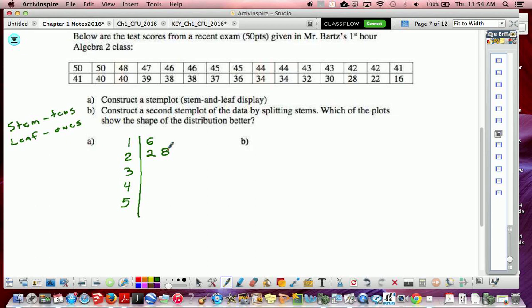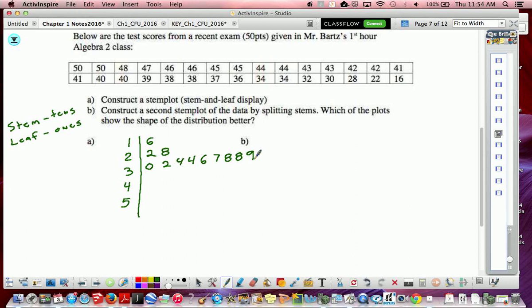I now do the 30s. So I have a 0, a 2, a 4, a 4, so I repeat the 4s, a 6, a 7, 2 8s, and a 9. So yes, we have lots of numbers there.